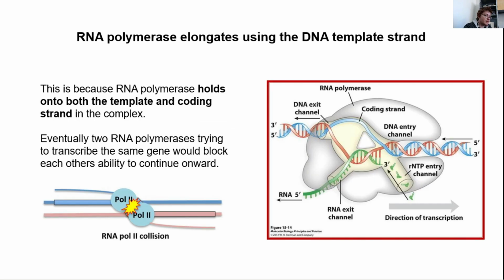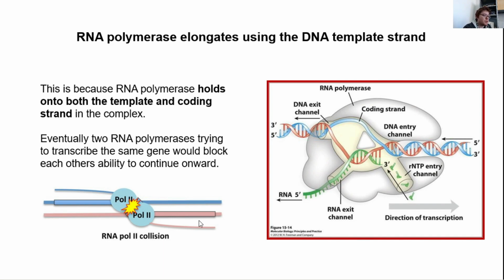And the reason, of course, to see why is that if we go back and look at that structure of RNA polymerase and the transcription bubble that forms, the RNA polymerase actually holds on to both the template and coding strands in the complex, right? So the entire bubble is contained within the RNA polymerase, okay? And so it's not possible for two polymerases to simultaneously be holding on to the same bubble.